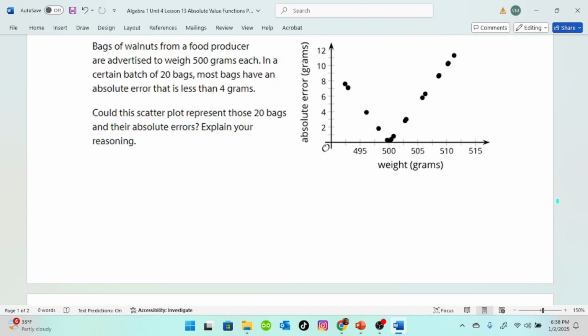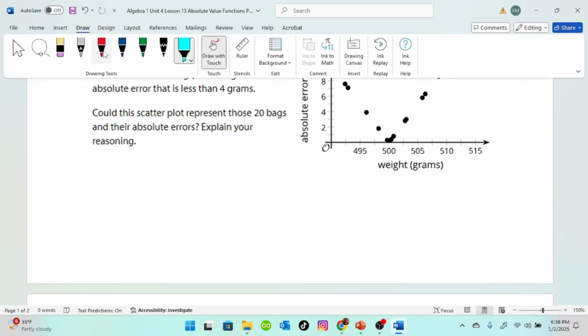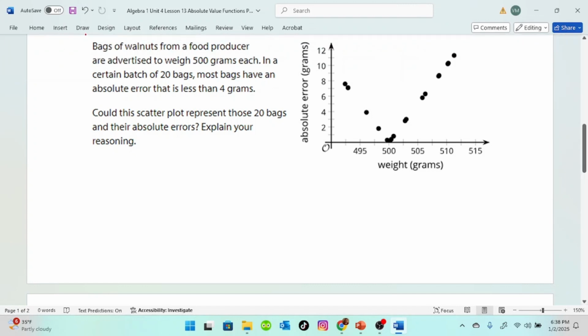So, I know that my middle number is going to be 500. So 500 minus 4 would be 496, and 500 plus 4 would be 504.